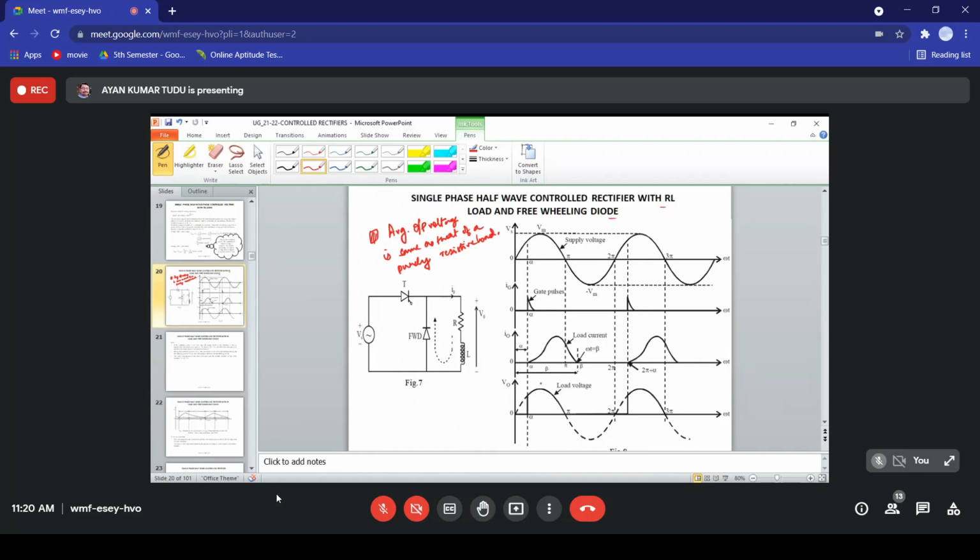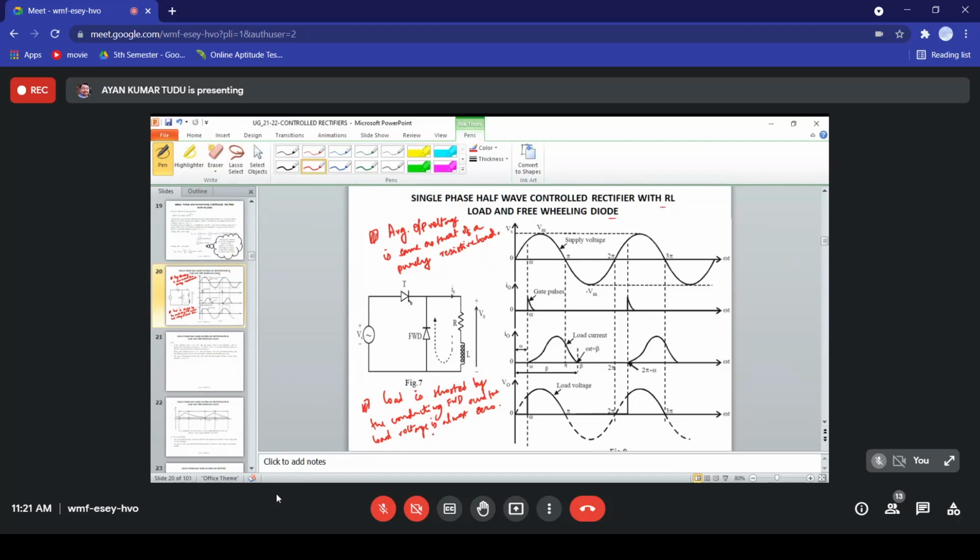Why? Because of the presence of the freewheeling diode, what is happening? আমি আবার লিখে দিচ্ছি, the load voltage, or you can say the load is shorted by the conducting freewheeling diode, and the load voltage is almost zero if we are neglecting the forward voltage drop across the conducting freewheeling diode.